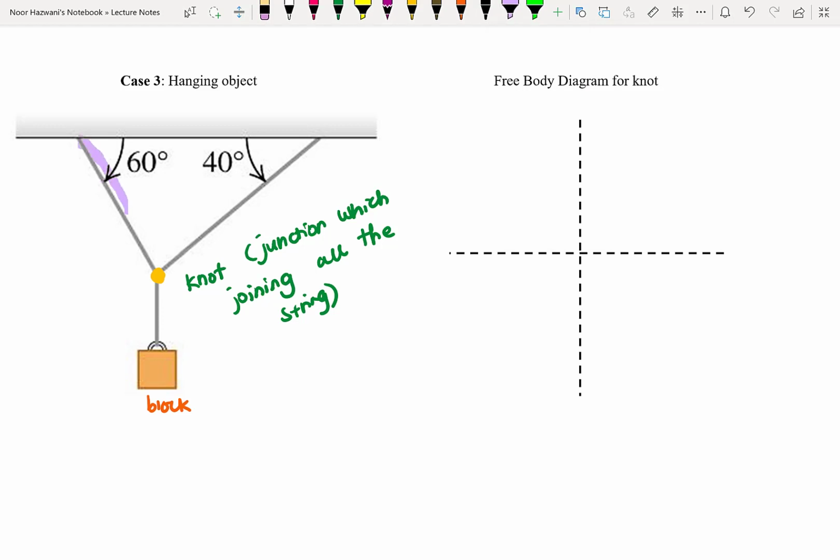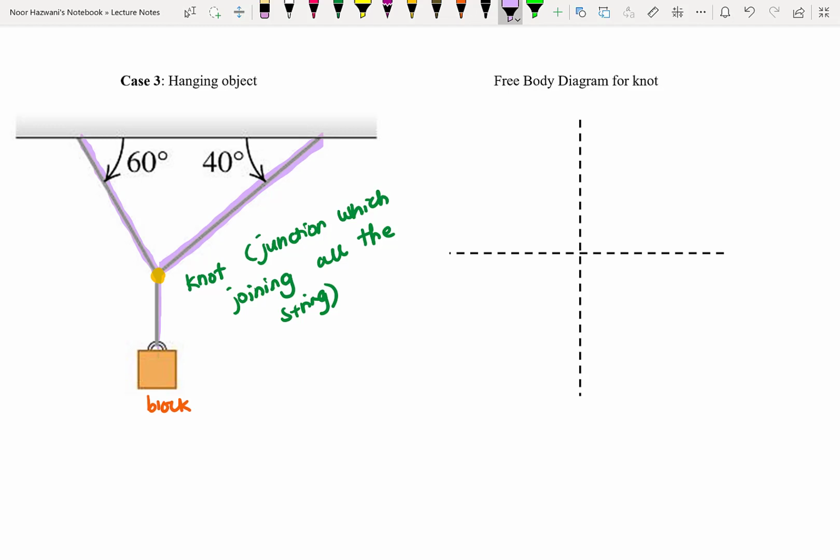Oh, sorry. This one is string 2. And this one is string 3. Okay, the block is tied with 3 different strings, so we're going to have different values of tension. So that means here you have to label your tension with different labels.